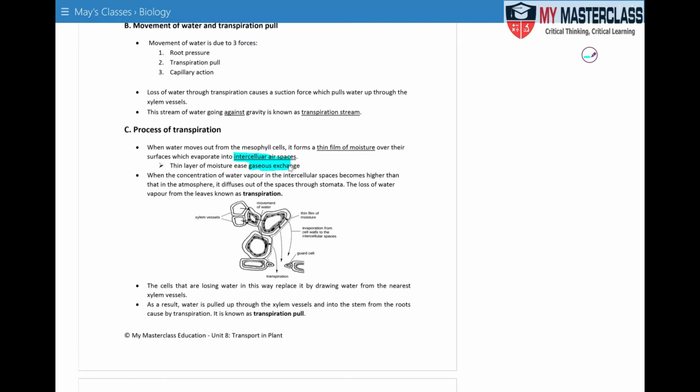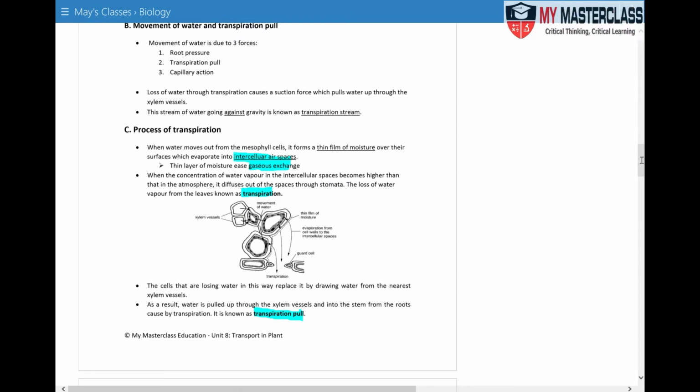If the outer atmosphere is extremely humid, which means I have high water concentration in the surroundings, my concentration gradient from the leaves to the outside will be lower, and therefore the rate of transpiration will also be lower. In other words, the rate of transpiration will be slower. Understand? So it is all impacted depending on the surroundings.